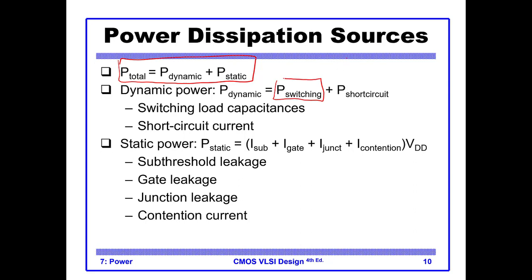One is due to switching, and the other is due to short circuit current. We already said that the short circuit is less than 10% of dynamic power, so the dominant factor is the switching power.